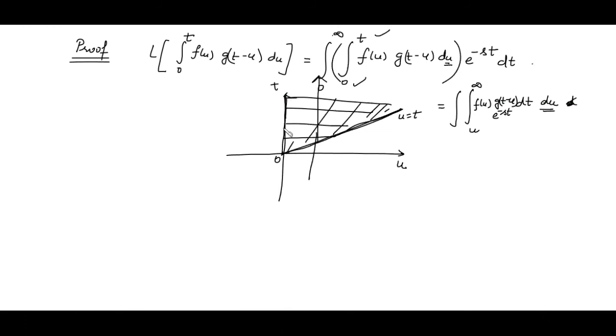The minimum value of u is 0 and the max value is infinity. So after changing the order of integration, we have the integral 0 to infinity, integral u to infinity, f(u) g(t - u) e to the power minus st dt du. Now f(u) is independent of t, so you can take it outside.